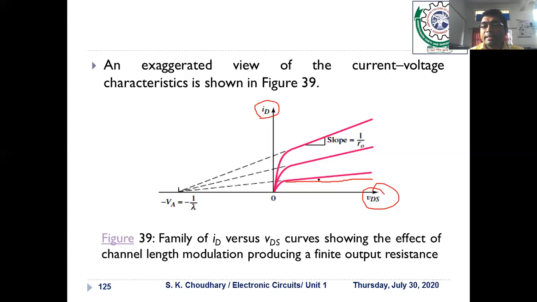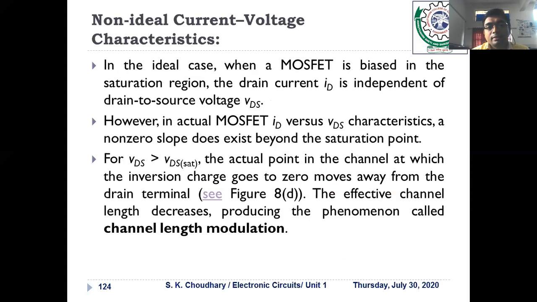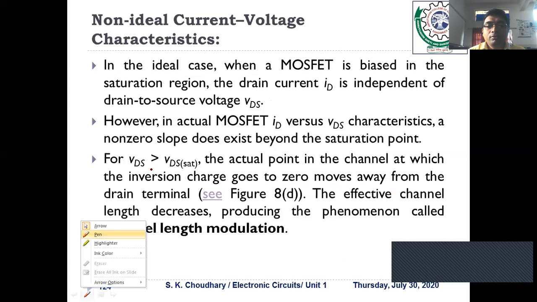Means ID now depends on VDS somehow, not completely but somehow. So in practical cases, ID depends upon the VDS in the saturation region, that is, when VDS is greater than VDS set.